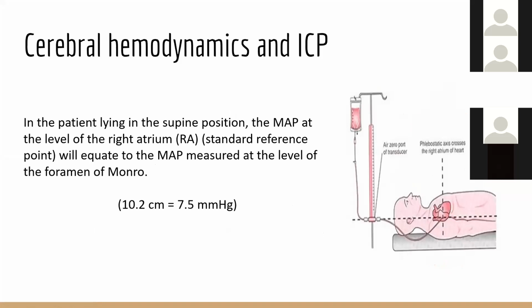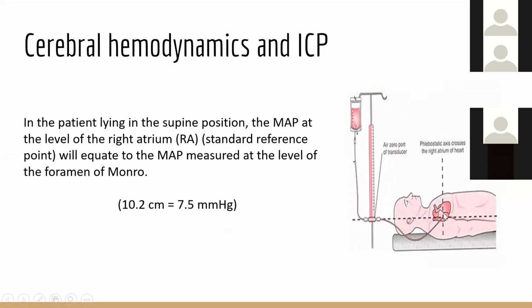Then the cerebral hemodynamics and ICP. At what level do we need to monitor invasive blood pressure while doing neurosurgery? There are two reference points. One is the right atrium, and the second is the foramen of Monro, or the tragus, the ear tragus. When the patient is supine, the right atrium, foramen of Monro, and ear tragus are at the same level.